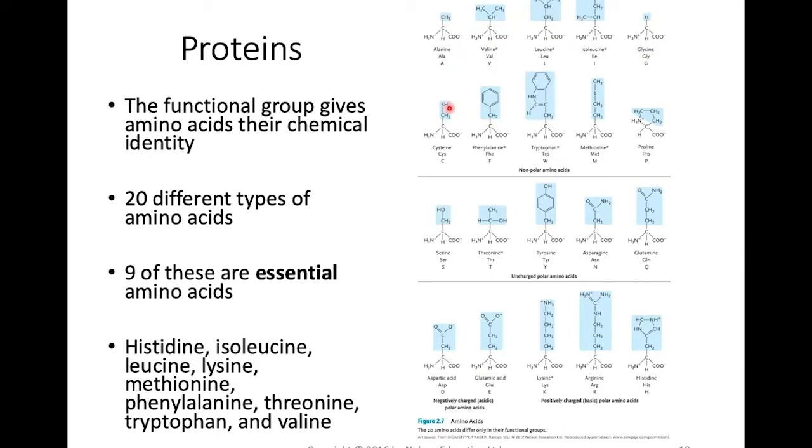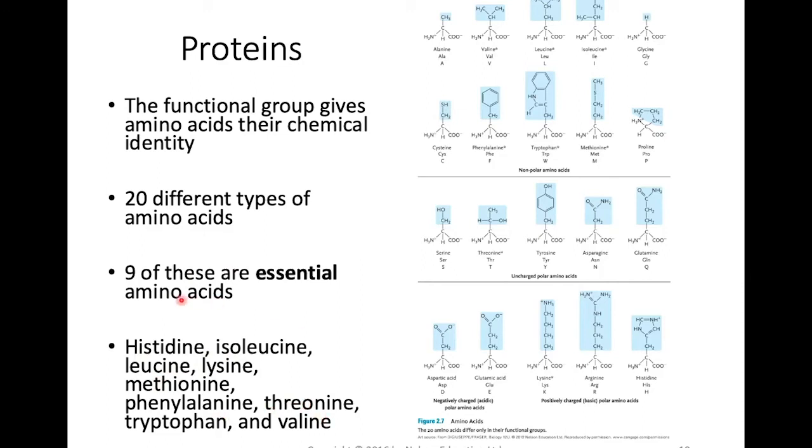Now, 9 of these are known as essential. So here's the definition for you. Essential amino acids are those that we cannot produce ourselves and we require from our diet. So the 9 that we have here listed: histidine, isoleucine, leucine, lysine, methionine, phenylalanine, threonine, tryptophan, and valine.